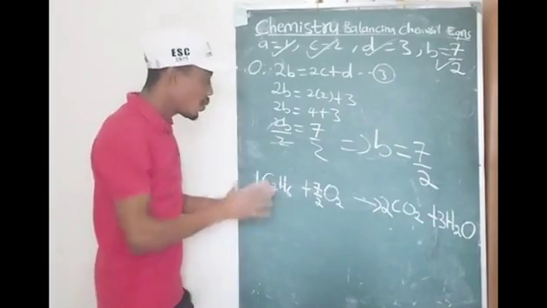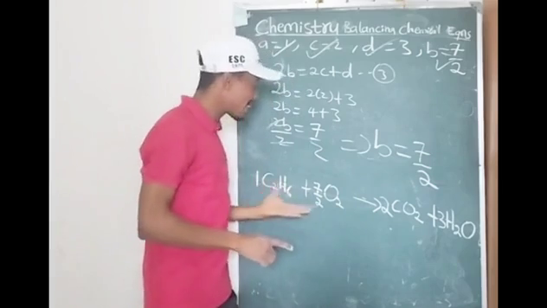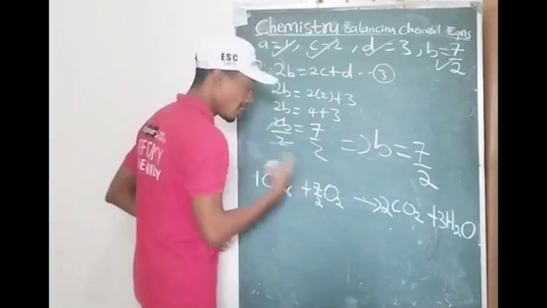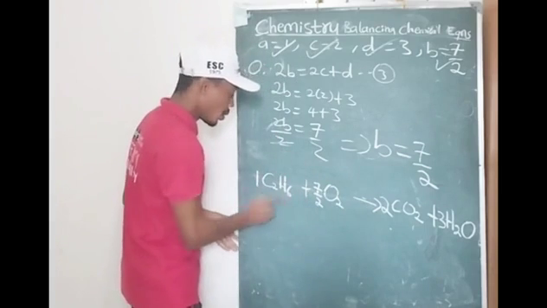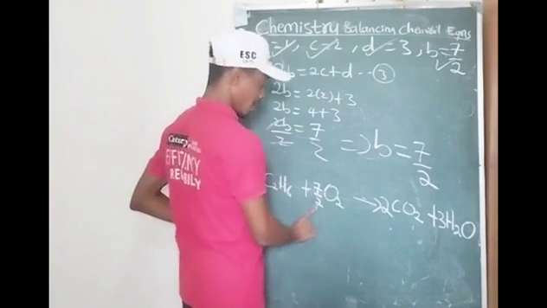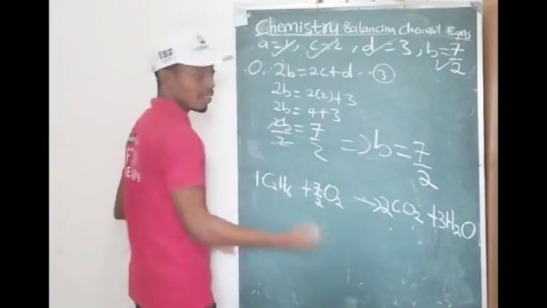Alright, if you are following me, you will discover that this is the same thing we had before we eliminated the fractions, the denominators. So you can see that the LCM of 1, 2, and 3 is 2.